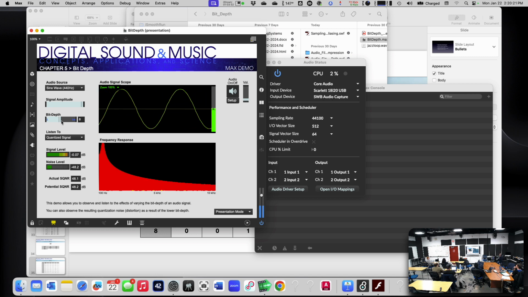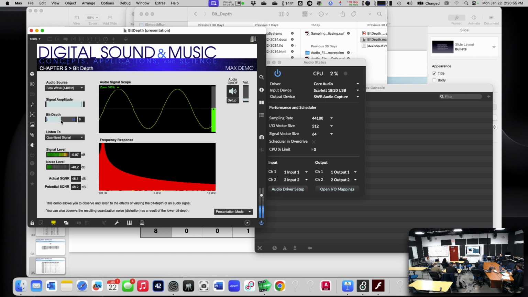Whereas when we were at 16 bits, our potential range was 96 dB. So when you've got 16 bits, the quietest sound that you can encode digitally is 96.3 dB quieter than the loudest thing. That's a pretty big range. That should be sufficient for really anything that you do. When you go down to 8, though, you only get 48 dB of potential range.